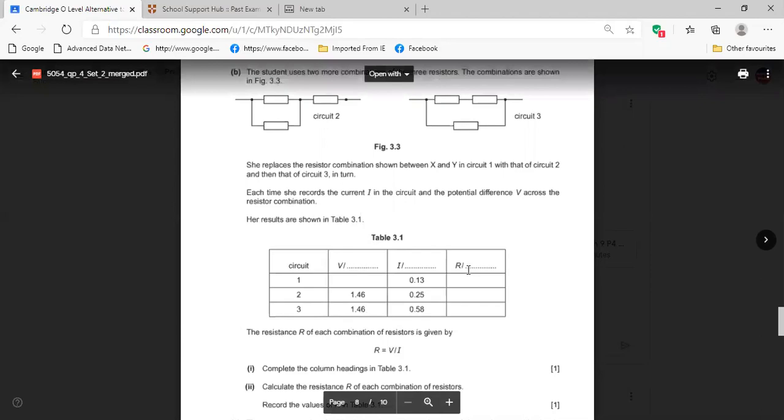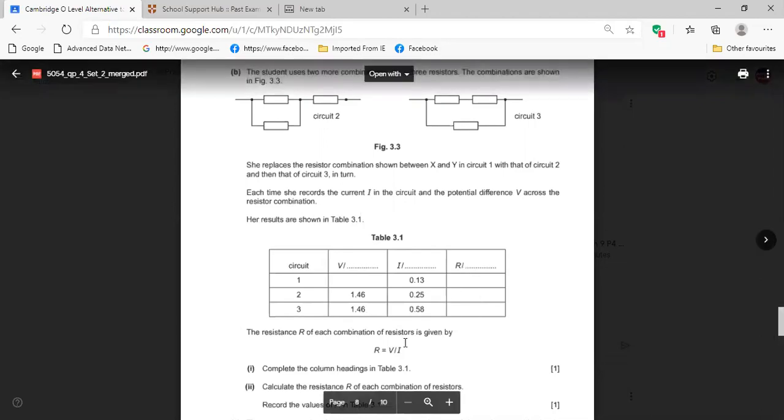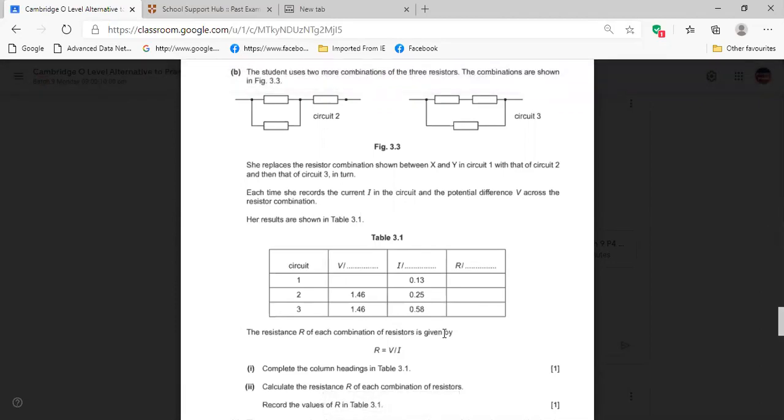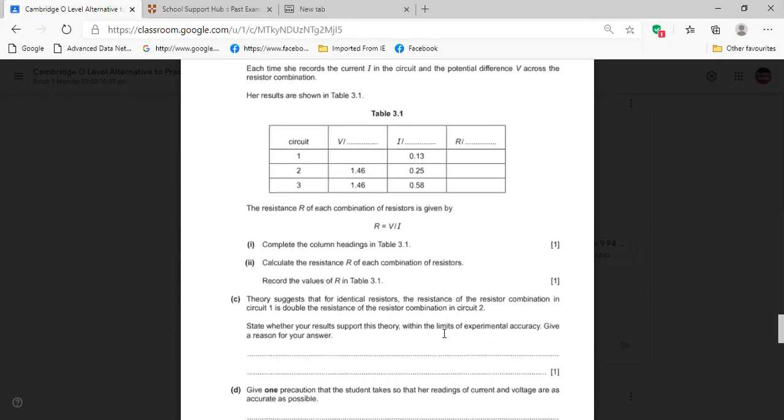Then you calculate all the R. Record the values of R in table 3.1. Have you calculated? Abir, yes sir, I am calculating. So what did you get?